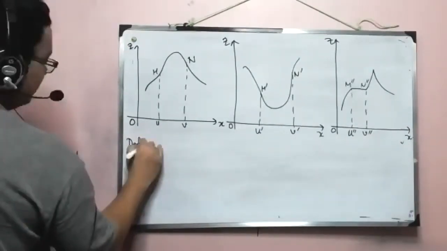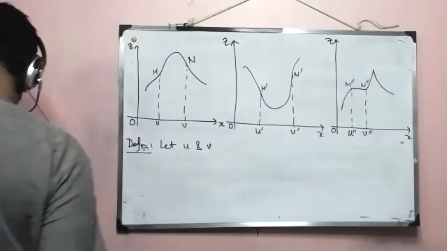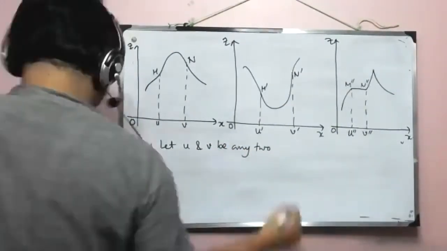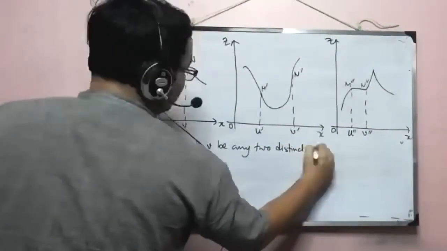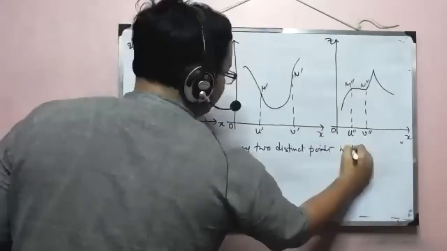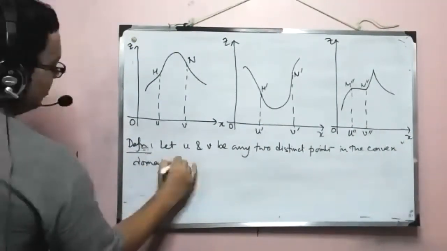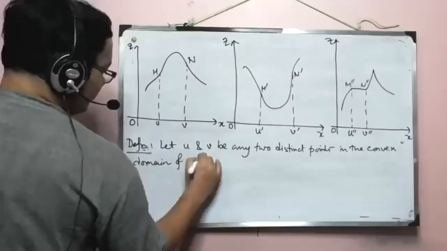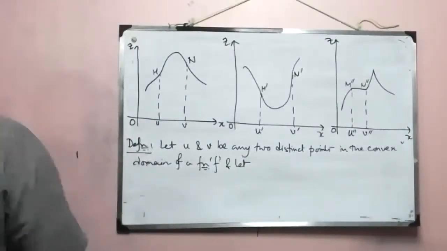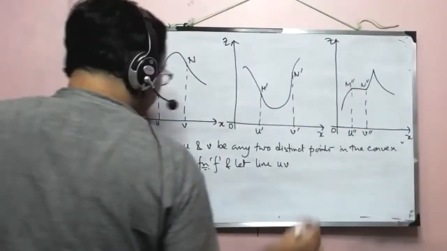So this is the definition. Let U and V be any 2 distinct points in the convex domain of a function f, and let line UV in the domain give rise to arc MN on the graph.